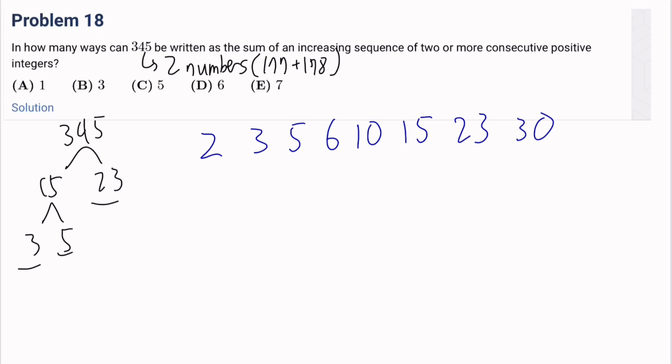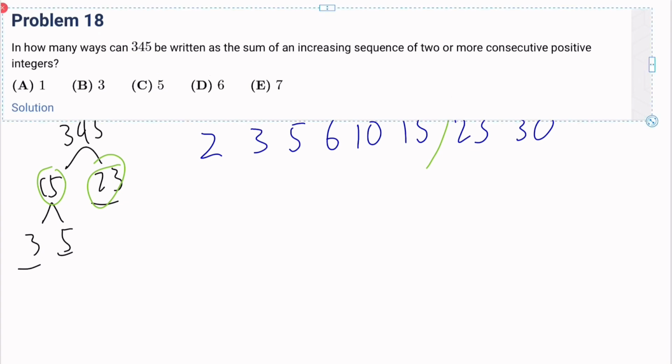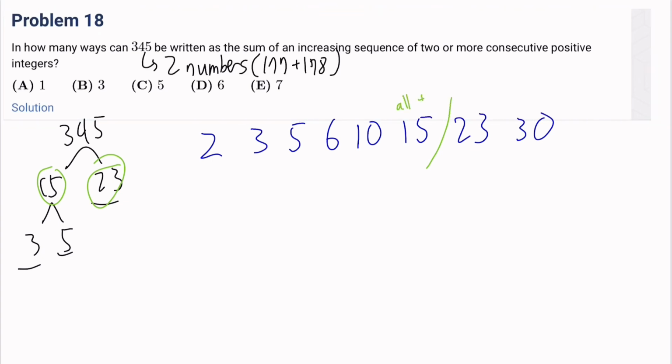But in here they have to be consecutive positive integers, right? And so up until 15, 345 is 15 times 23, and since 23 is bigger than 15, it will obviously be all positive, right? All positive up until here. And for 23 and 30 we have to check, right?